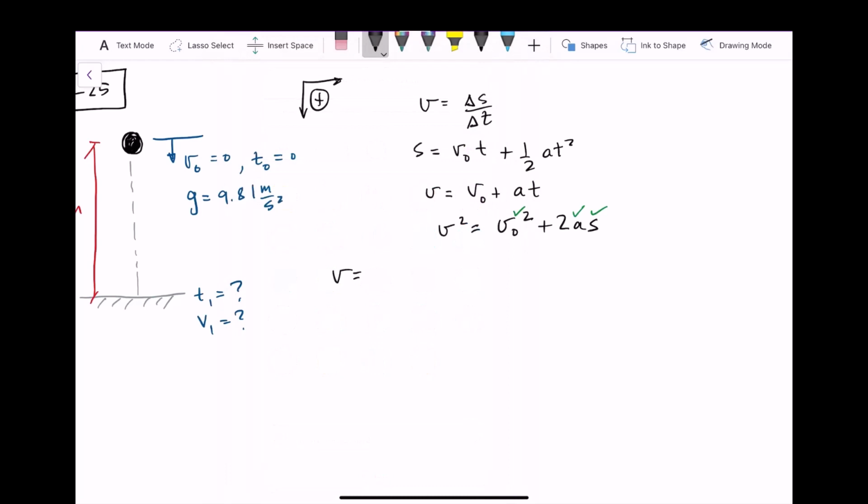So V squared is equal to V0 squared plus 2AS. As I said, V0 is 0.